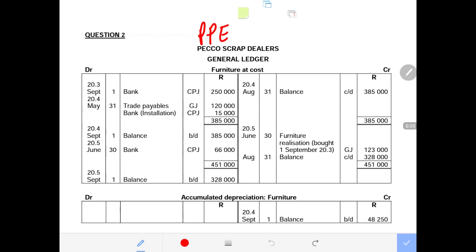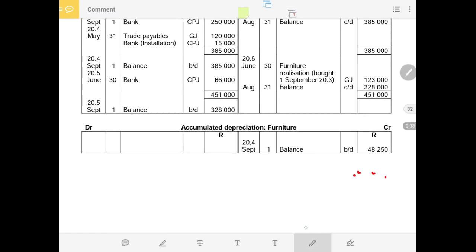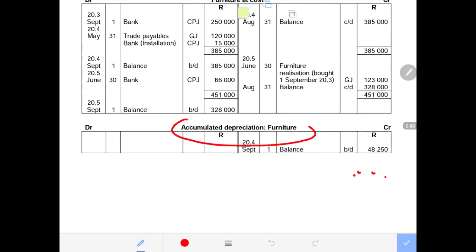We are given information in a slightly different way, provided in general ledger accounts. We have a ledger account for furniture at cost. Then another ledger account, which is accumulated depreciation on furniture.